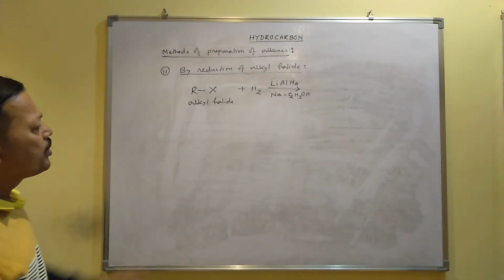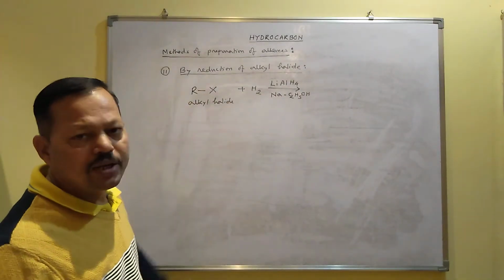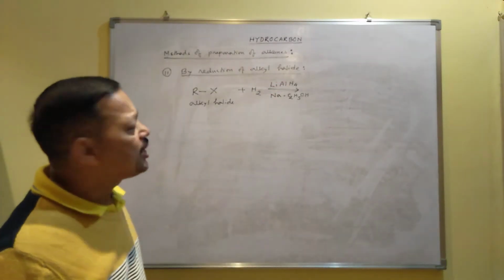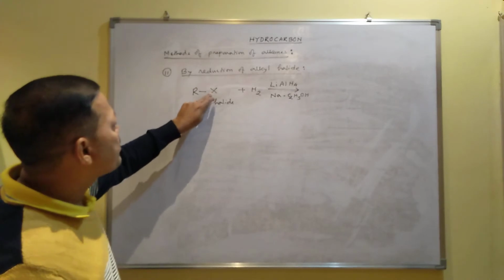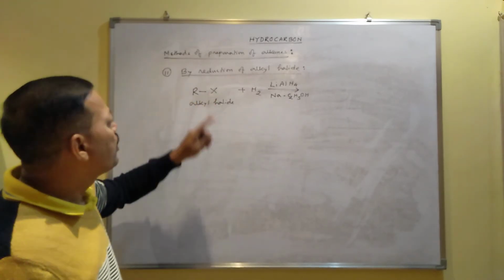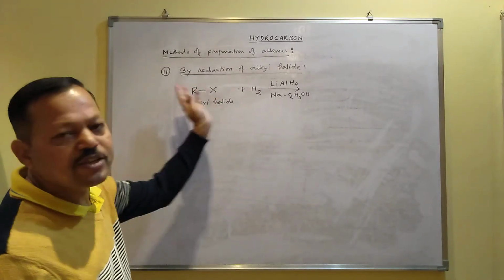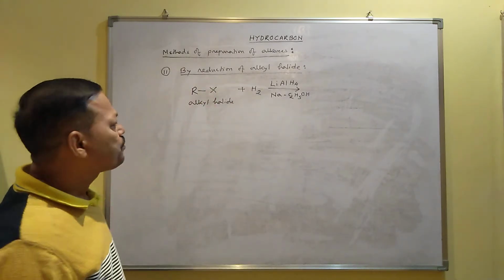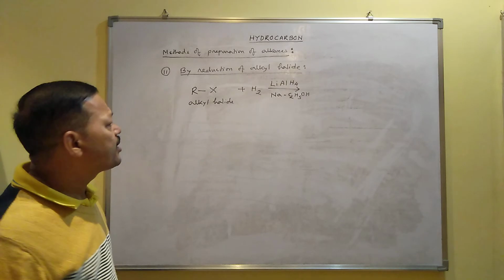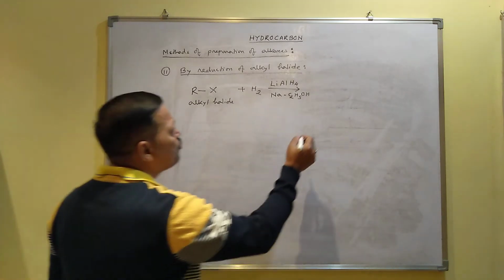So when this alkyl halide combines with hydrogen in presence of this reducing agent, then what happens? The halogen is removed from the compound. I mean, from alkyl halide, this X will be removed and the X will be replaced by one hydrogen. So that's why it is called reduction. So halogen will be removed.